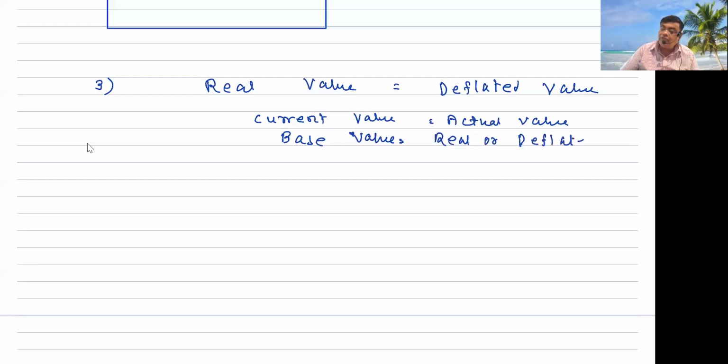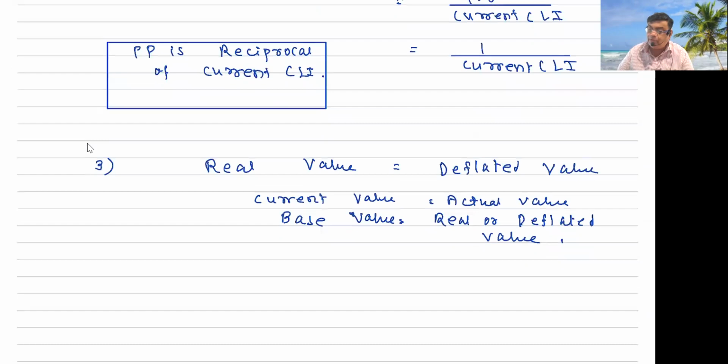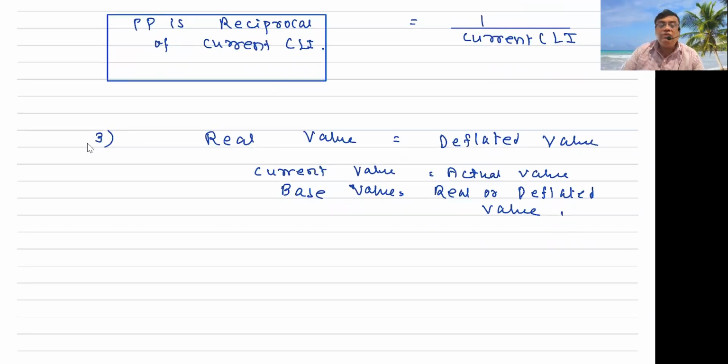Look at me and understand this meaning. Actual value is the value in the current year, and its equivalent value in the base year is the real or deflated value. Say yes to this.